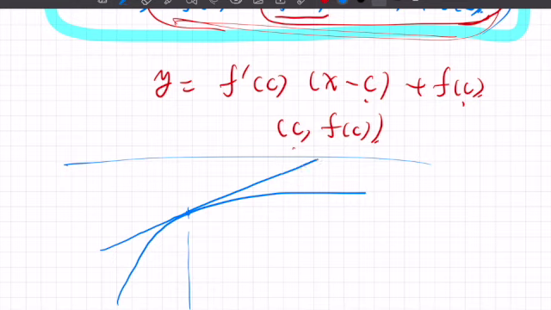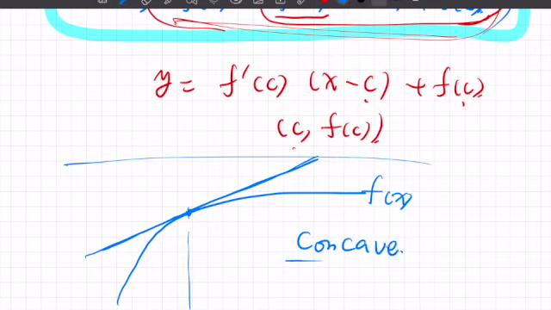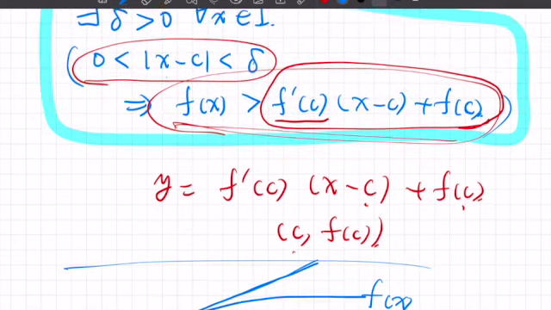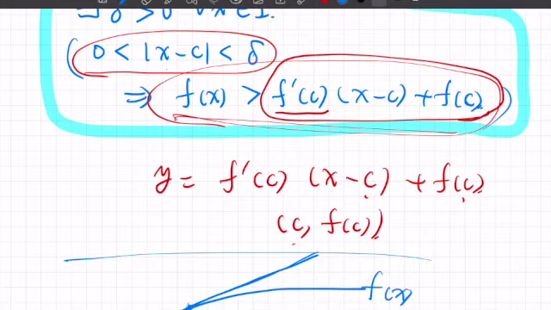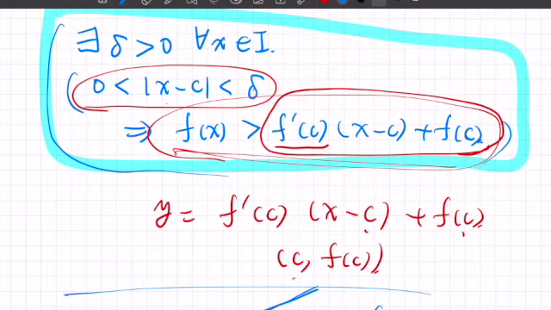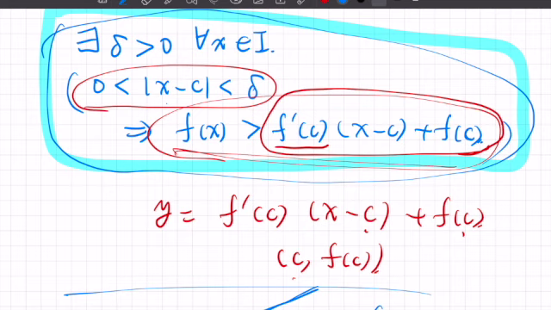All the points of f of x are below the tangent. Then we say it's concave. Okay, and I hope you know how to define this using delta and the equation for the tangent line.